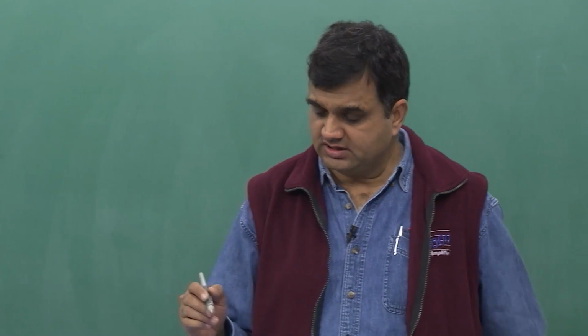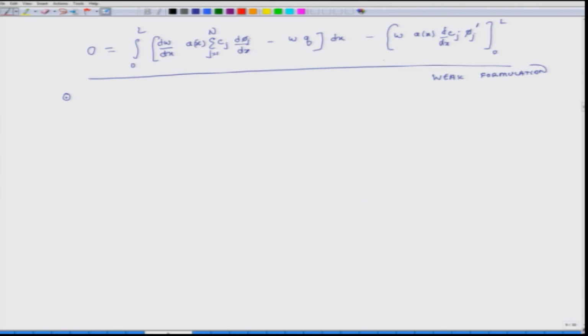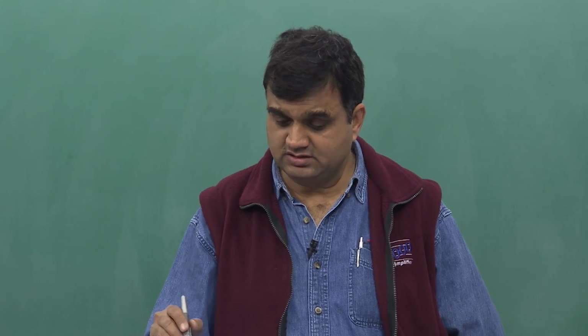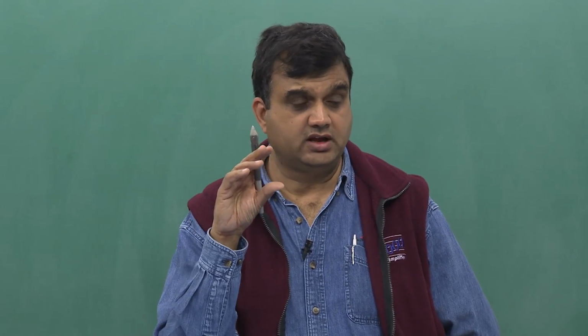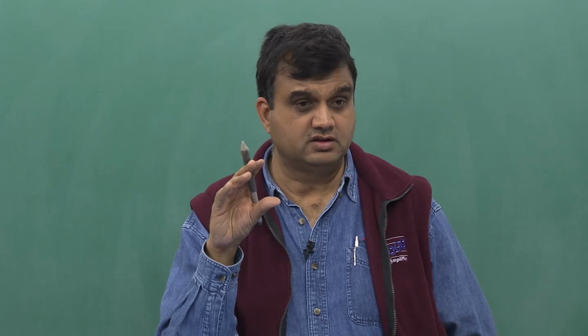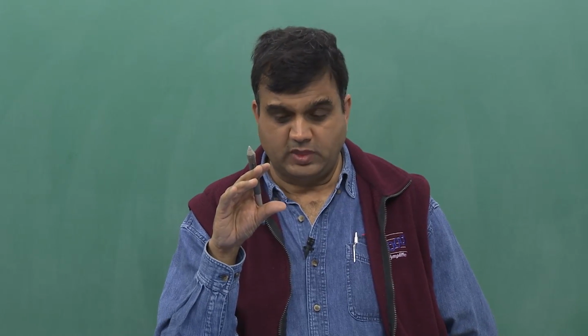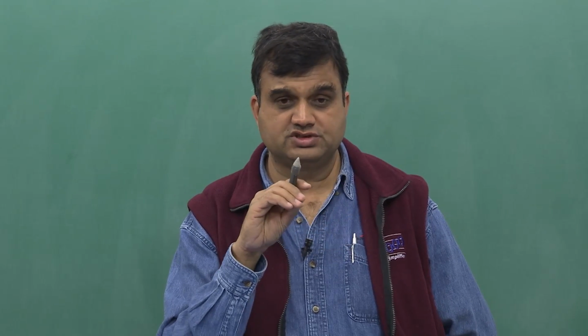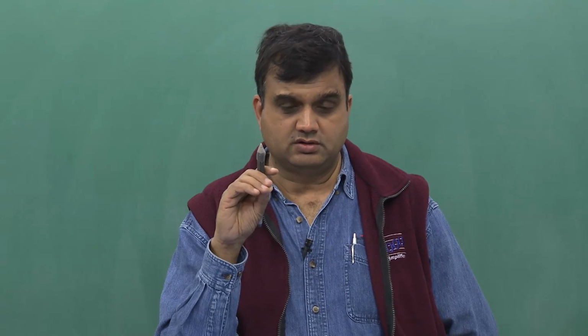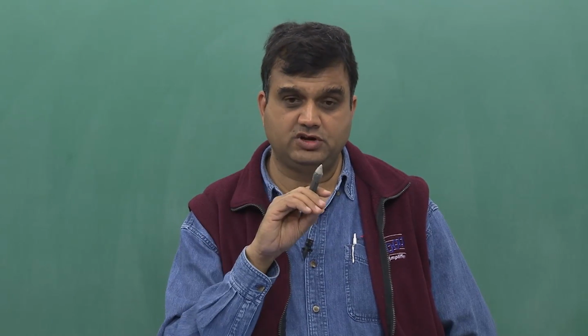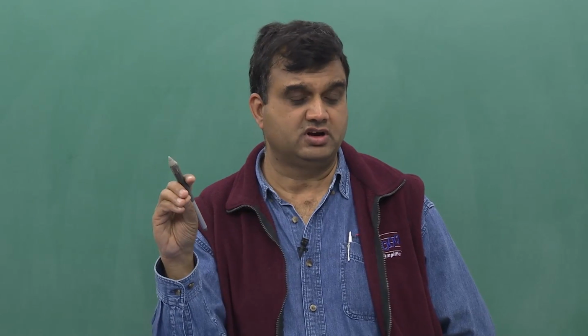The second thing, which we also discussed in the last class, is that the boundary term which comes out through the process of integration by parts actually helps us satisfy the natural boundary conditions identically. So, in the strong form we would have to choose these shape functions in such a way that they meet natural as well as essential boundary conditions.